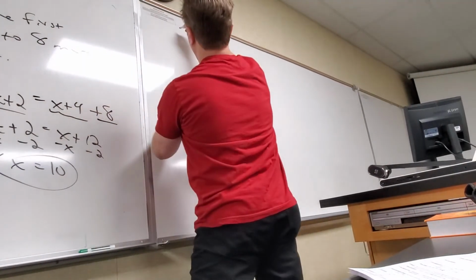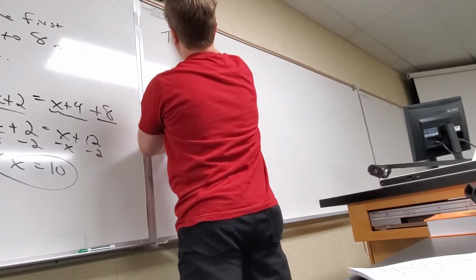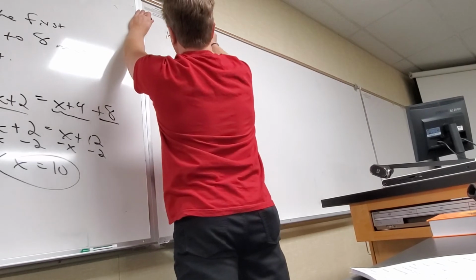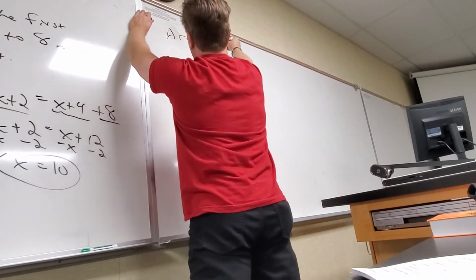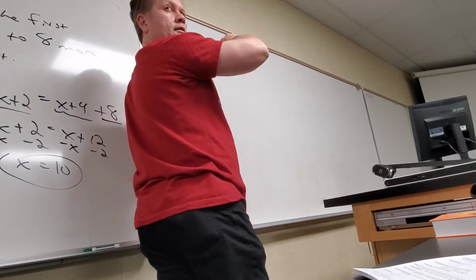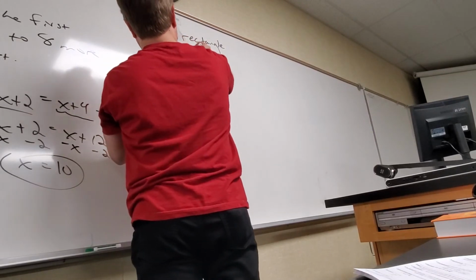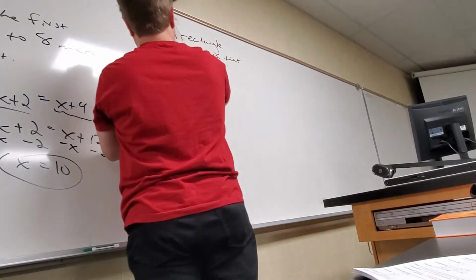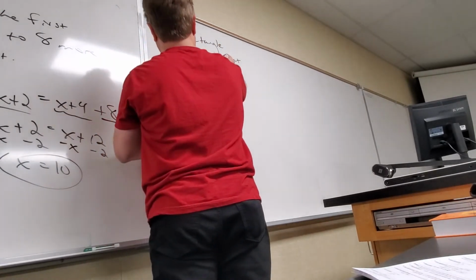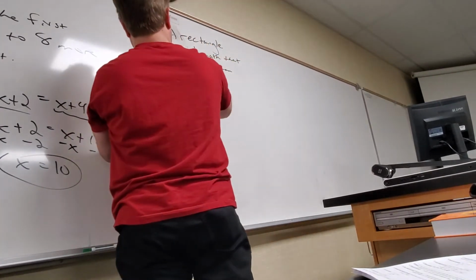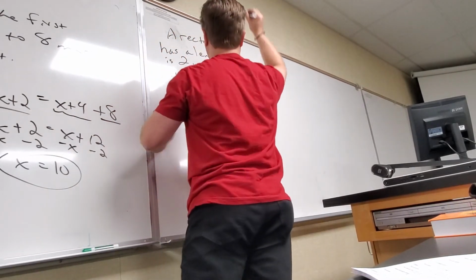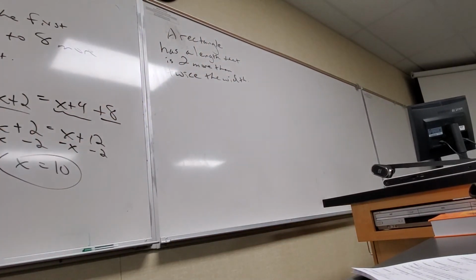All right, let's see. Let's see. A rectangle. So a rectangle has a length that is 2 more than twice the width.